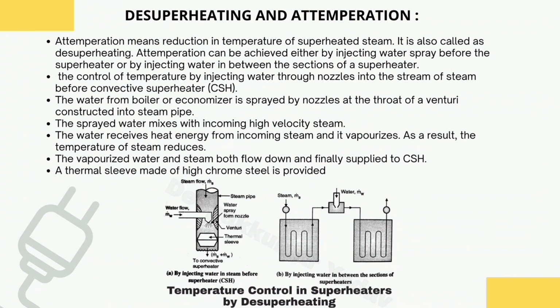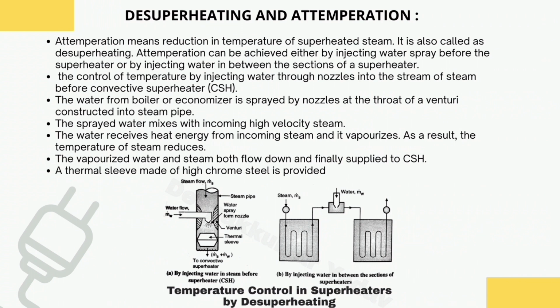So the control of temperature by injecting water through the nozzle into the steam before convective superheater, or in short called CSH. So next, the water from boiler or economizer is sprayed by the nozzle at the throat of a venturi constructed into steam pipe.